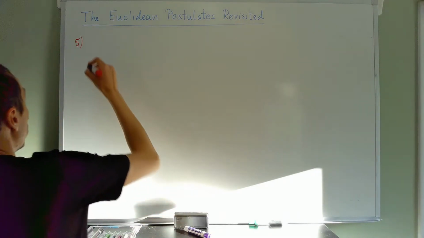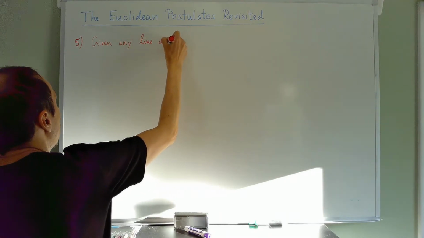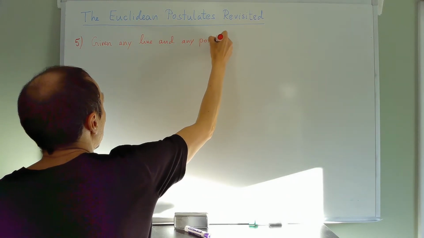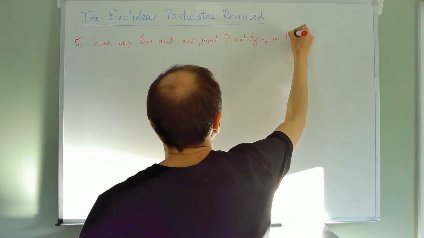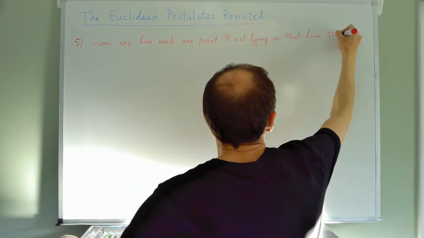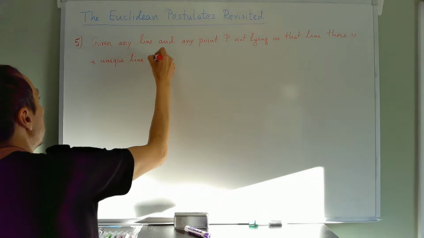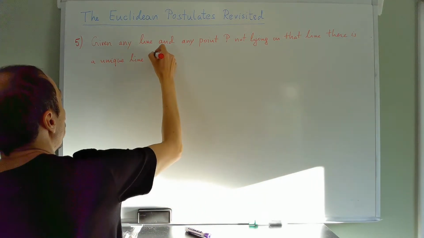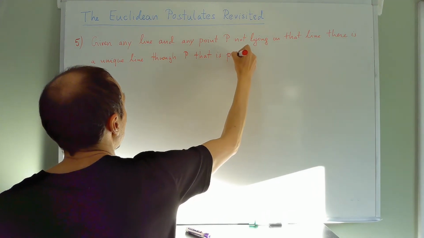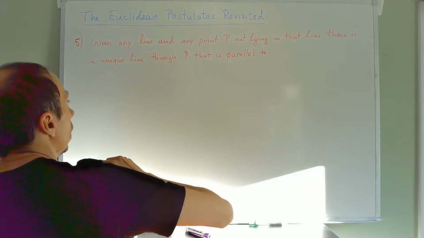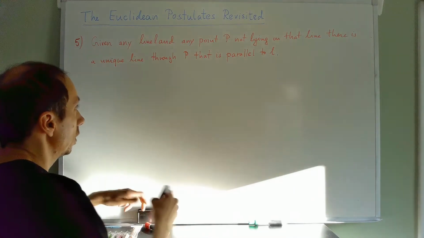Postulate 5, as Playfair's postulate: given any line L and any point, let's say P, not lying on that line, there is a unique line through P that is parallel to L. On the plane it's equivalent to the fifth postulate.